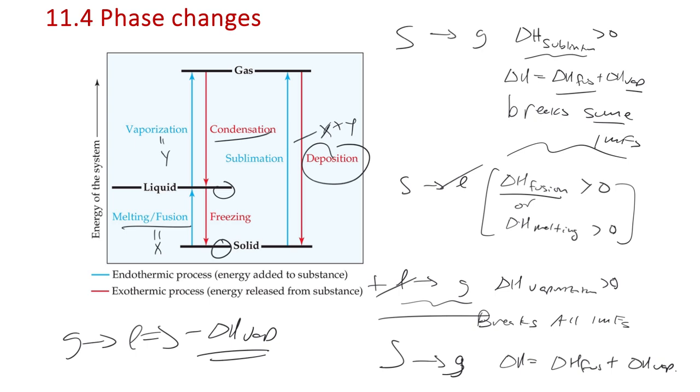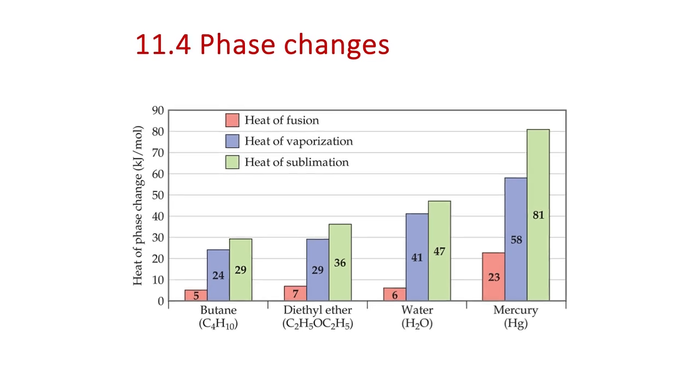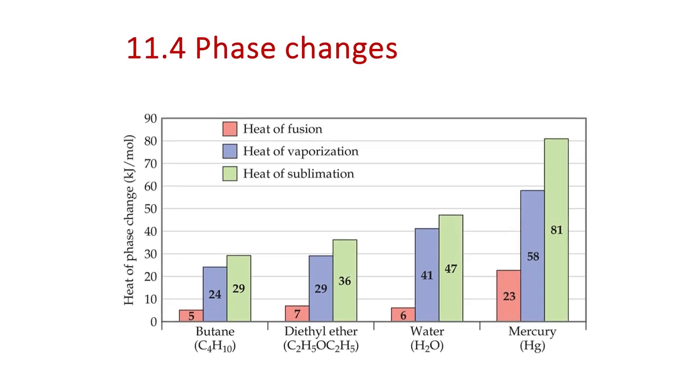So the next slide will compare some different magnitudes of enthalpies of fusion versus vaporization, and then show the sum of the two going to the heat of sublimation. So butane, 5 for fusion, so it takes 5 kJ per mole in order to go from solid to liquid butane. It takes 24 kJ per mole to go from liquid to gaseous butane.